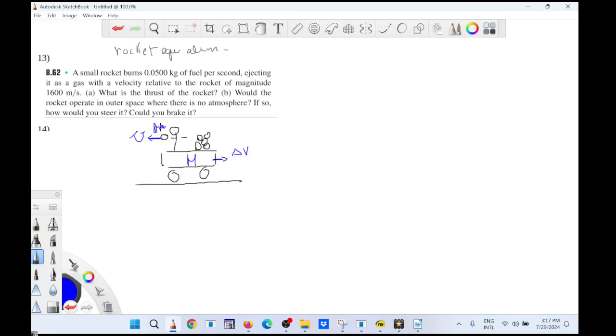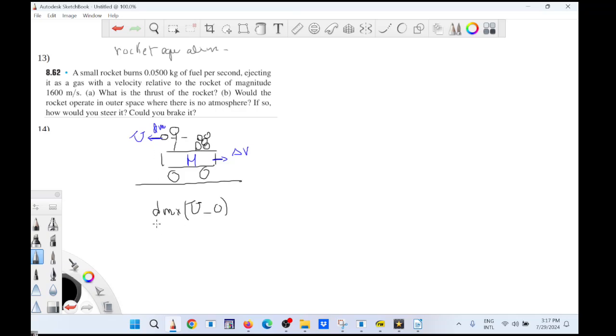And the more of it per unit second, of course, it's also going to move faster backward. So this is a conservation of momentum. The change in momentum here will be dm times the ejection speed, because the initial speed will be 0, and the speed is u in that case.